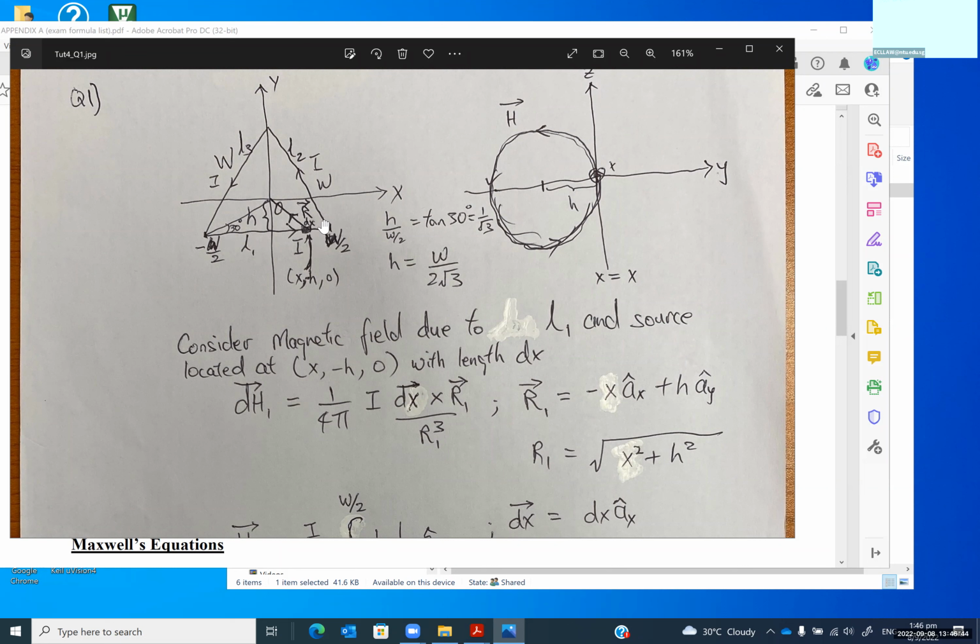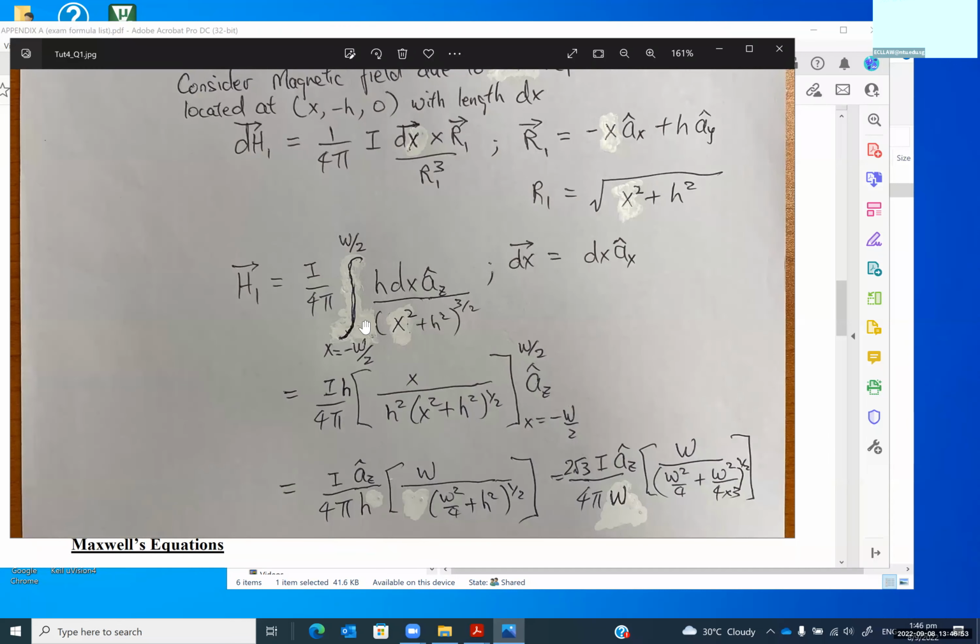That so-called summing in maths is integration. So we integrate from x equal to minus W/2 to plus W/2. Then we get the total magnetic field vector due to the entire wire, wire number 1 that we talked about. Okay with that formulation?